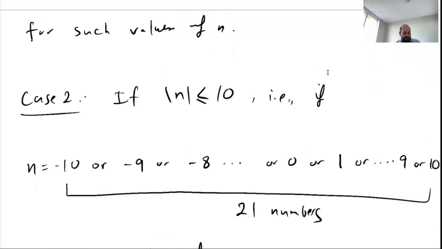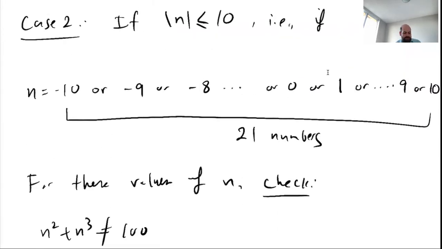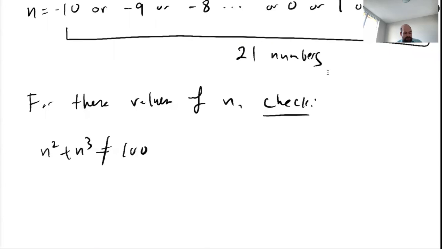For example, if n is minus 10, you can check: 100 plus minus 1000 is minus 900, which is not equal to 100, and so on. For n equals minus 9, you can check. n equals minus 8, you can check. And for none of these values does the equation hold. So in total, the equation still has no solution, even if I assume that n is an integer rather than a positive integer. Okay, so this was another, a little bit more complicated example of proof by cases.